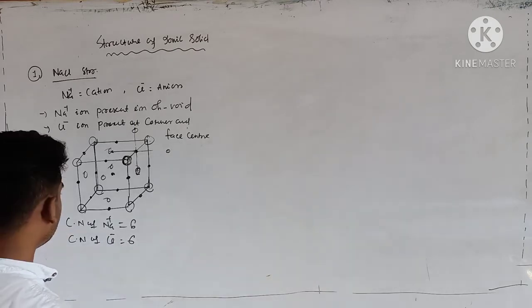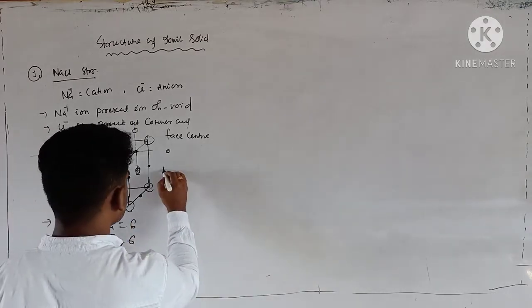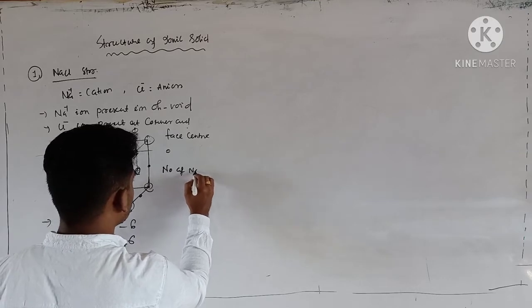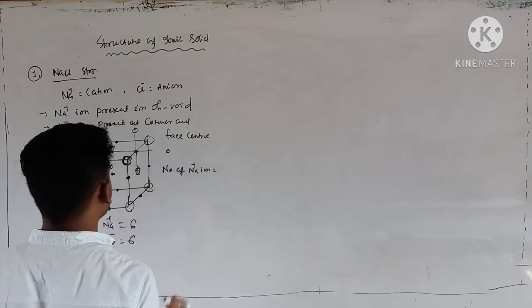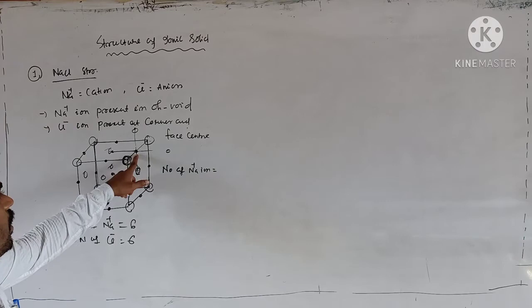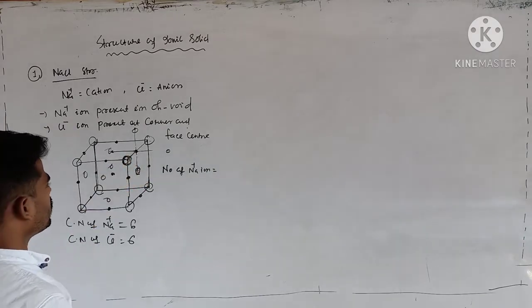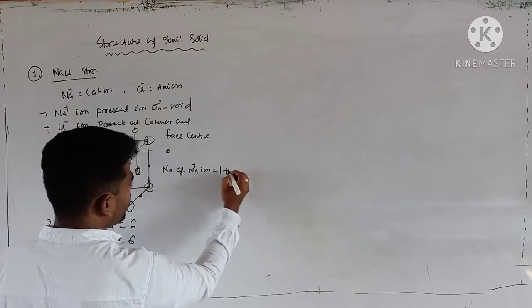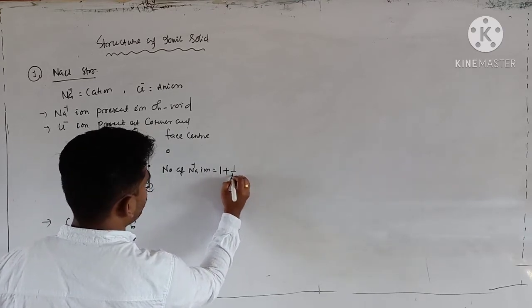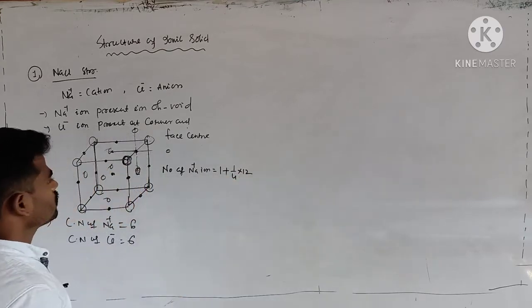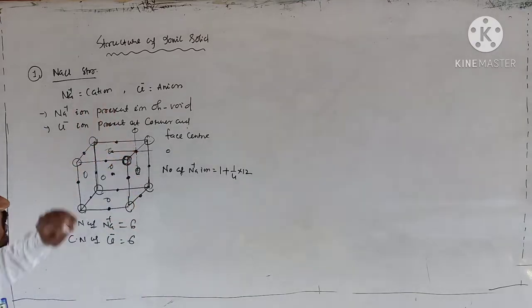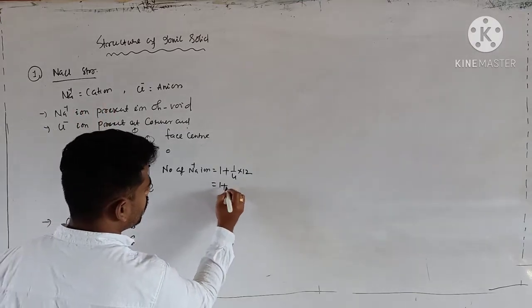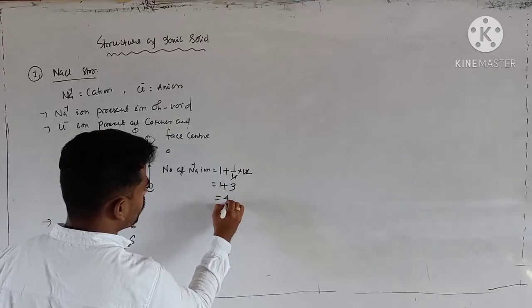Then what about the number of Na plus ions? Na plus ions are present at octahedral sites. The number of octahedral voids is 1 at the body center, plus for the edge centers 1 by 4 into 12, since each is shared by 4 unit cells. That is 1 plus 3, which is 4.